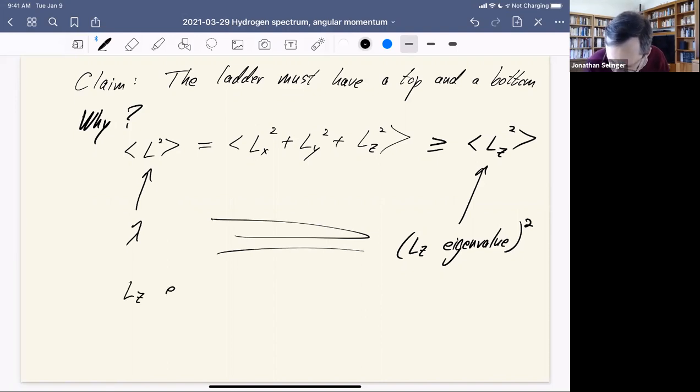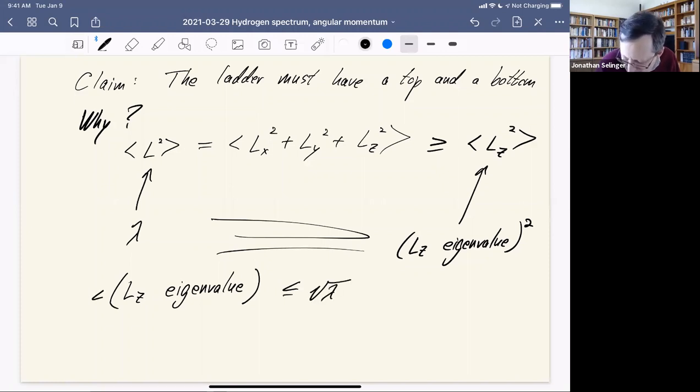So the Lz eigenvalue has to be between the square root of lambda and negative square root of lambda.